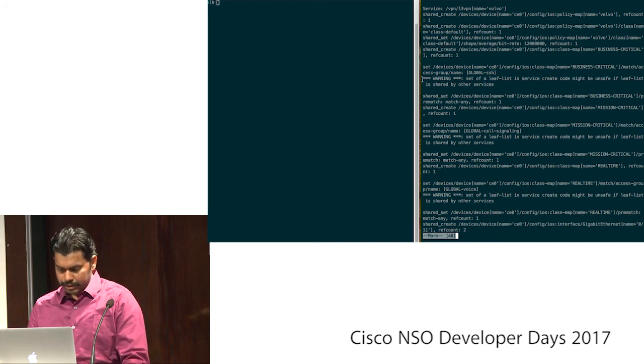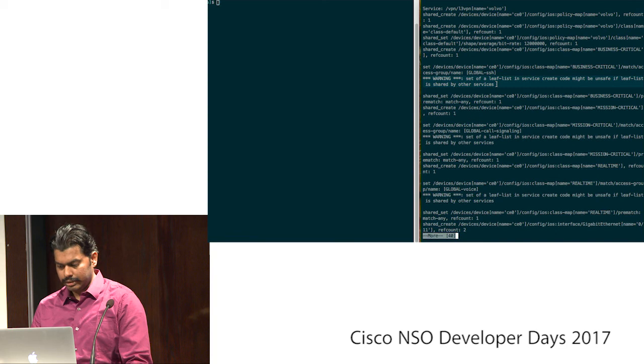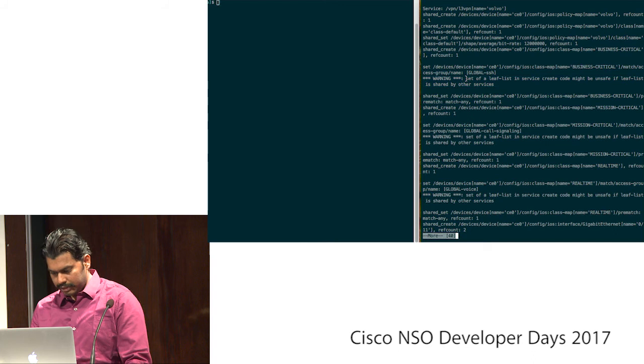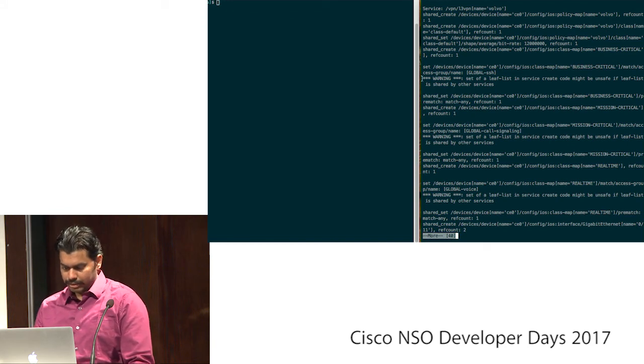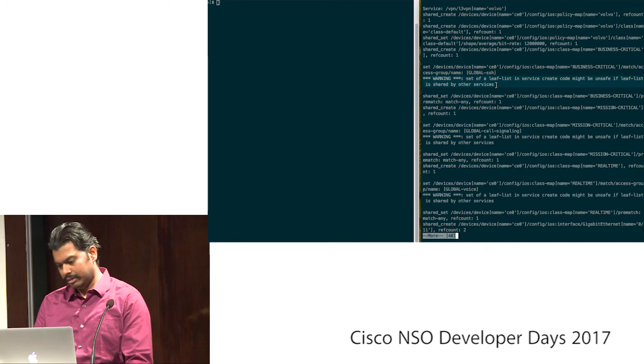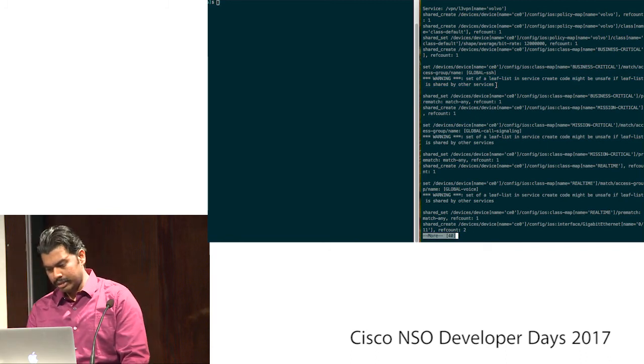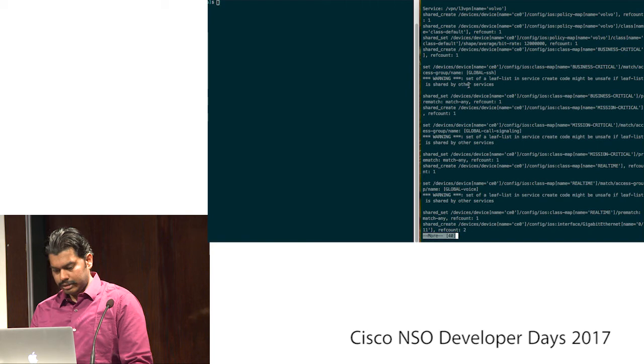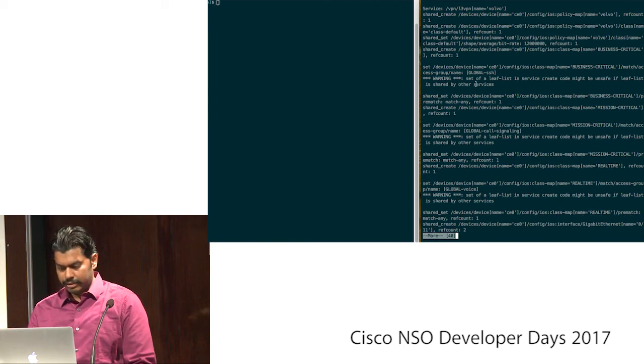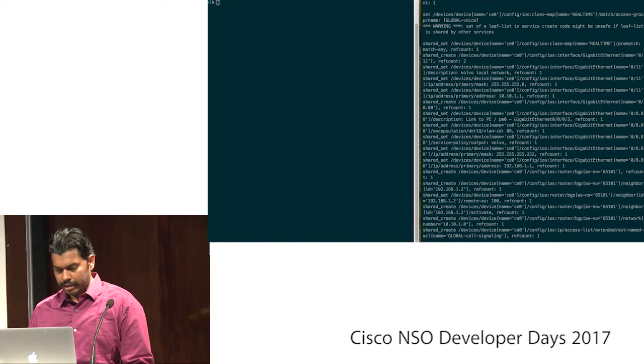And if there is a warning, that means the service is doing something which is not very safe in terms of FASTMAP. So here, the service sets the leaf list, and NSO says that it's unsafe because instead of doing a shared set, if you just do a set, the same config element cannot be touched by multiple services.